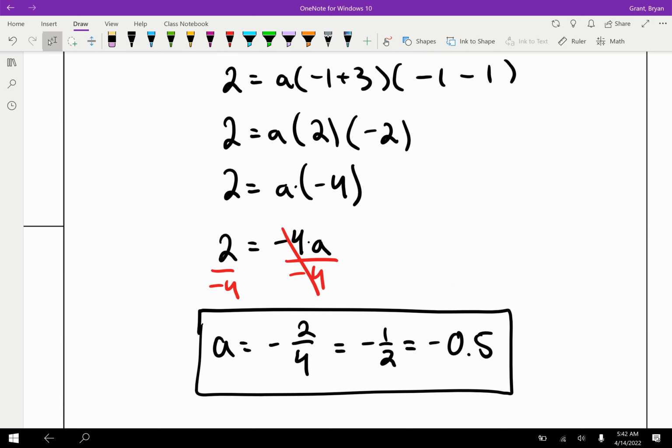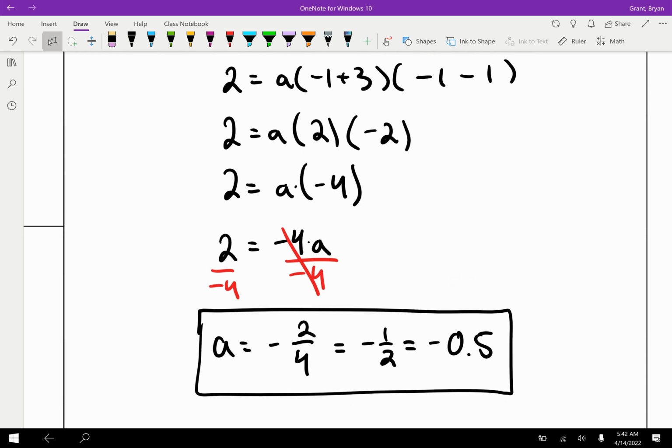However, how tall do they actually get? Well, that is, of course, our k value. And so we're going to need to take that, and we're going to find h of that time of 1. So negative 5, it'll be a plus 1, a minus 3, and I'll fill this in right here. So h of 1, 1 plus 1, 1 minus 3. And so we end up with negative 5 times 2 times negative 2.